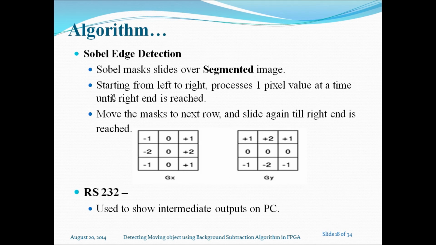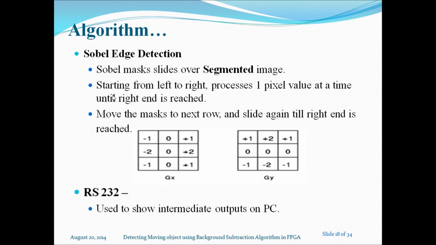Similarly, we apply edge detection on the segmented image. We have used the Sobel mask to determine object edges. Sobel masks are shown here. Gx is estimated as the gradient in the x direction, whereas Gy is estimated as the gradient in the y direction. The size of the mask is much smaller than the actual image.